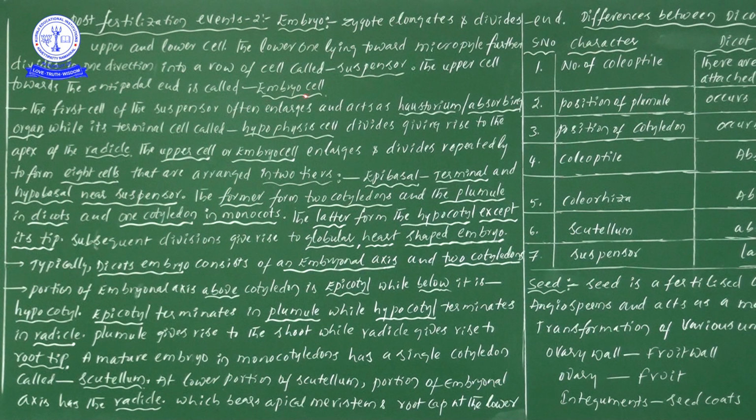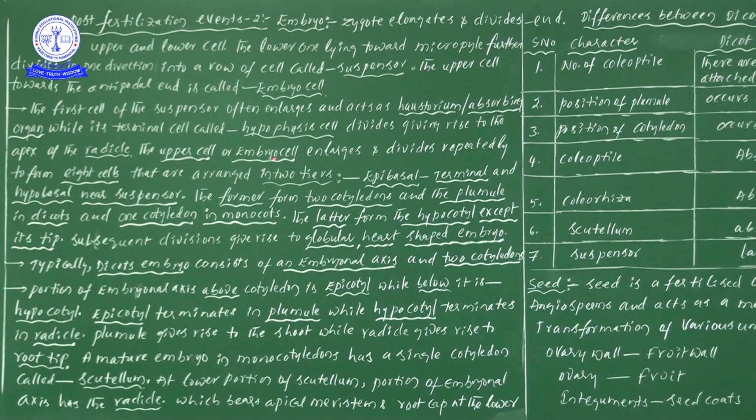In the suspensor, the first cell of the suspensor converts into the haustorium. The embryo cell, which we also call the terminal cell, is involved in the formation of the hypophysis and gives rise to the radicle.